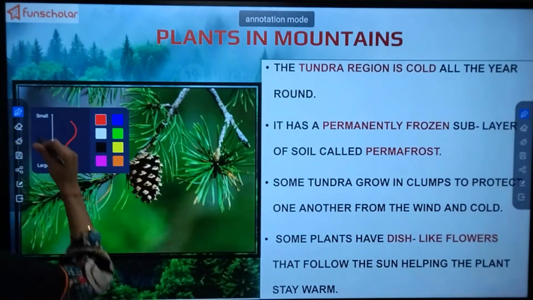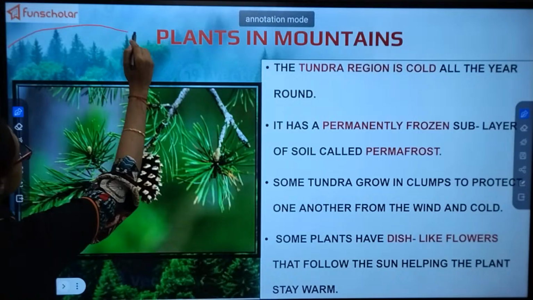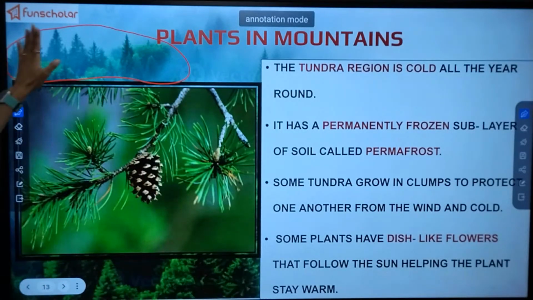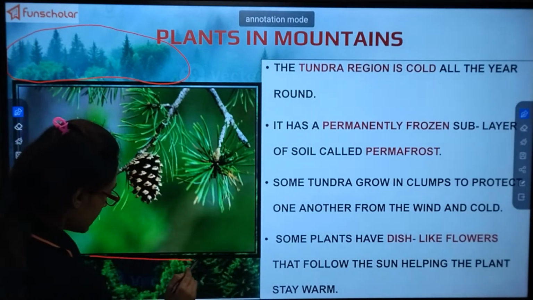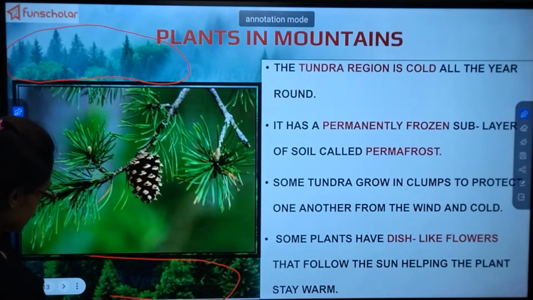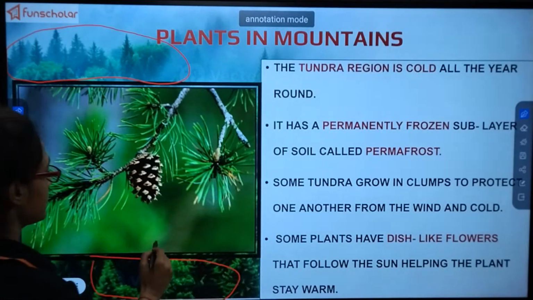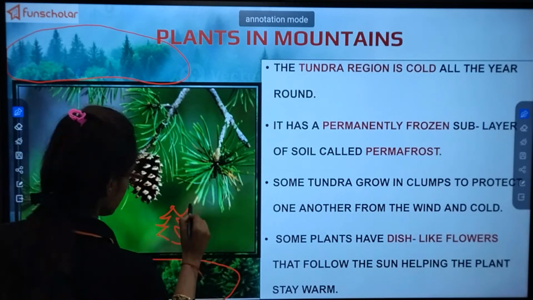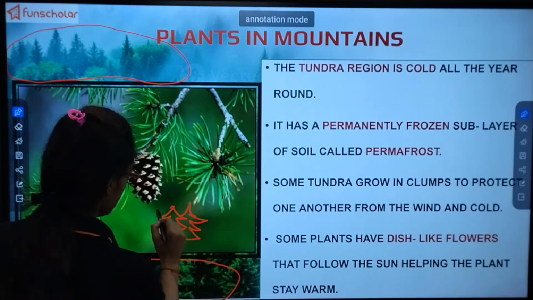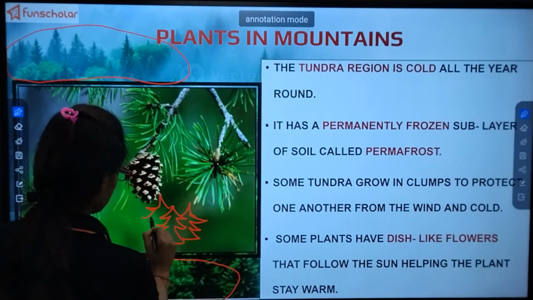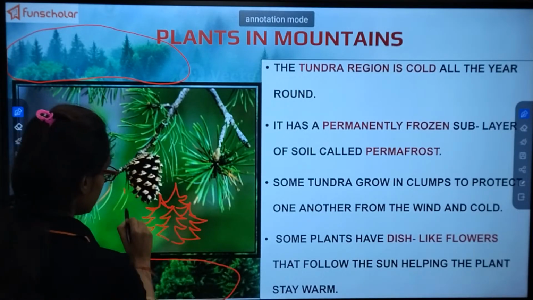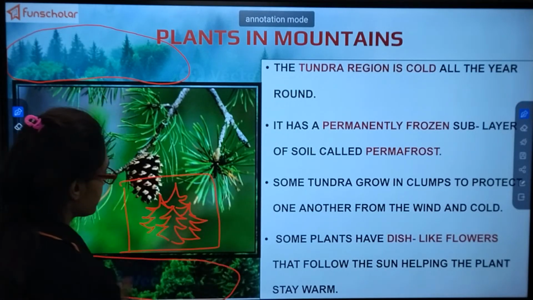Just see, there is a picture which is showing that all the trees are growing one after another. This portion is showing the trees are growing one after another. Here also you see all the trees are growing one after another. Suppose this is one tree, this is another tree, there is another tree. So they are growing one after another.